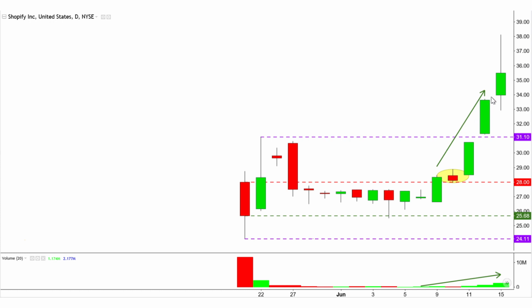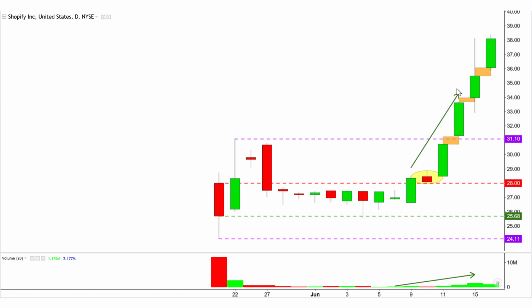Three marching soldiers pattern. Large green real-bodied candles with clear gaps between them for a near vertical climb. This candle on June 15th has a longer upper wick, however it is still predominantly bullish. As usual, it will be less common for all candles on the chart to perfectly match theoretical diagrams all the time.